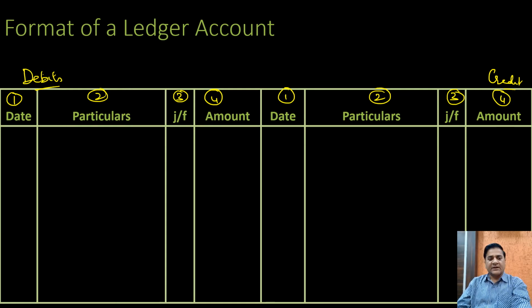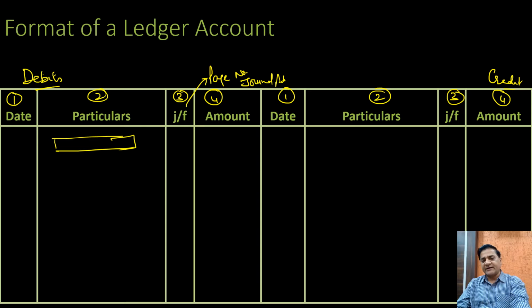Date means the date of transaction, particulars means the nature of the transaction, which account is to be debited or which account is to be credited. Journal folio means the page number of the journal or the journal book. Amount would be the amount.